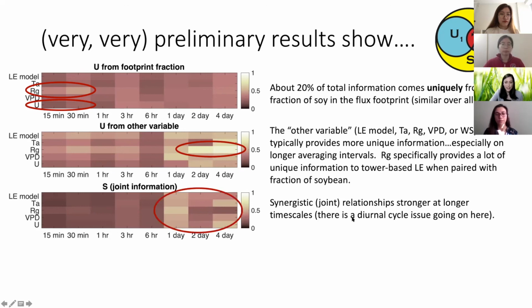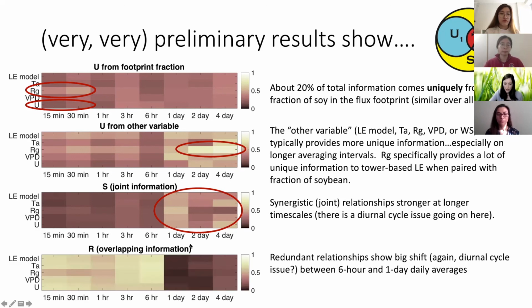However, there is potentially a diurnal cycle issue going on here, which I'm happy to talk about later, but I know that it's there, so that could be one explanation for why we're seeing such a divergence between the sub-daily and the multi-daily data products. However, we see this general trend that as our averaging is longer, our joint knowledge becomes larger.